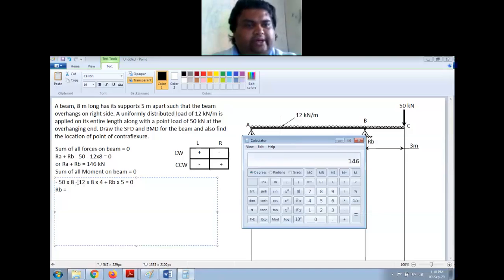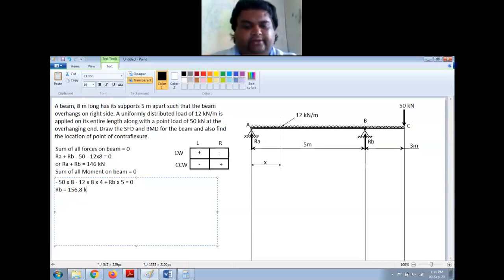These two are negative, so this will come on the other side as positive. So 50 into 8 plus 12 into 8 into 4. This is 784, and divide this by 5. So 156.8 is the reaction at B.